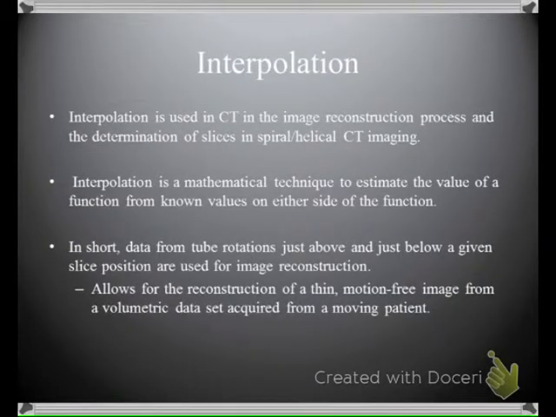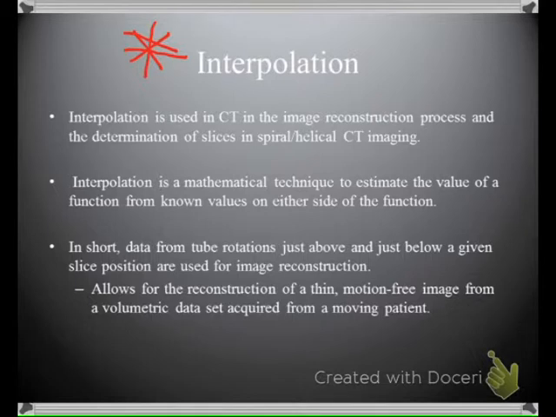We also have interpolation, and you'll probably want to put a star by this because you will see interpolation when we actually move into the multi-slice CT algorithms. Interpolation is used in CT in the image reconstruction process and the determination of slices in spiral helical CT imaging. Interpolation is a mathematical technique to estimate the value of a function from known values on either side of the function.